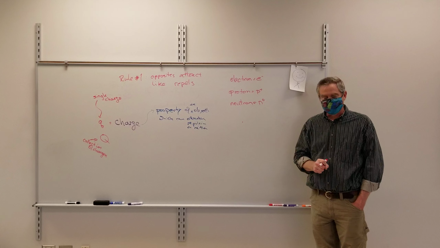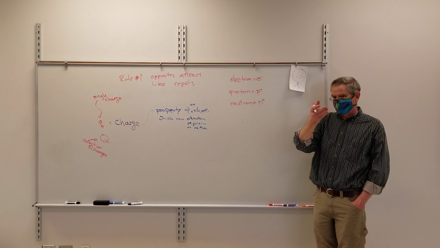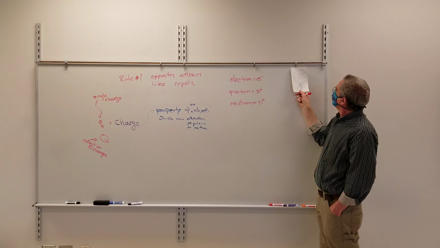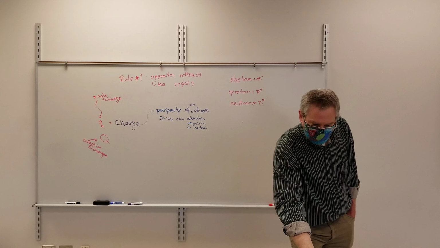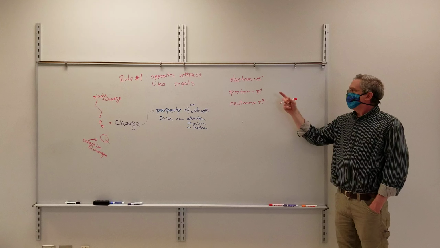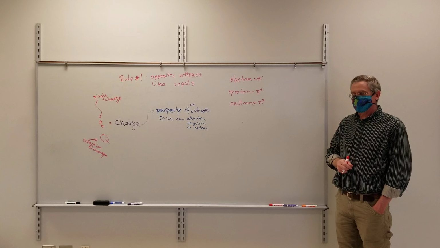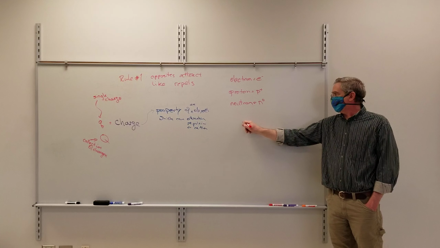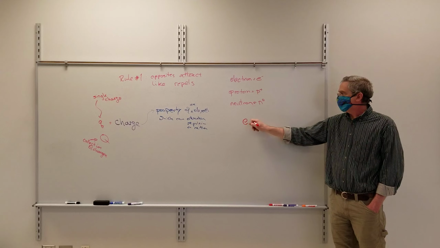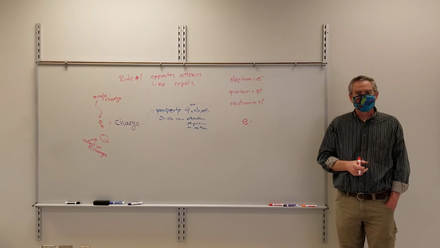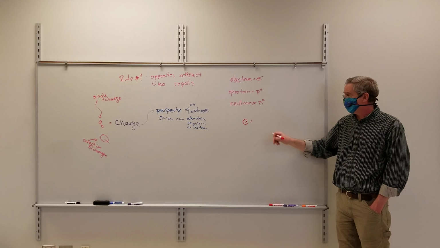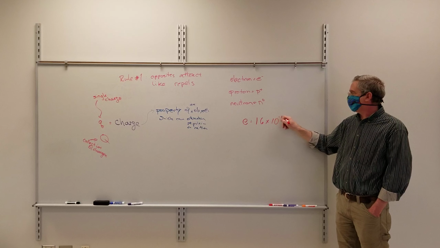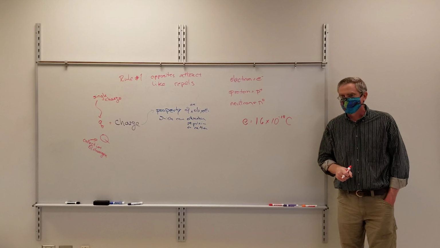Because these have opposite charges, the magnitude is the same. We, of course, have an abbreviation: we use the letter e to represent that base charge, what was at the time considered a fundamental charge. It's roughly 1.6 times 10 to the negative 19th coulombs.